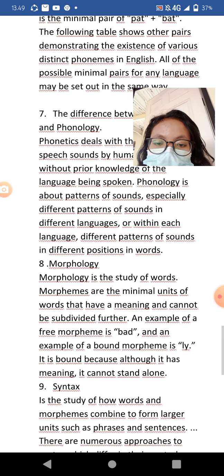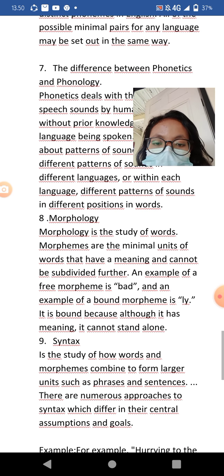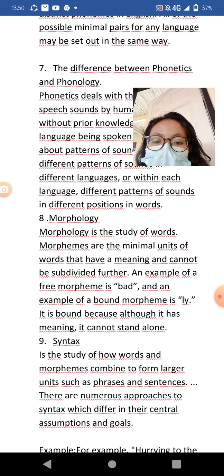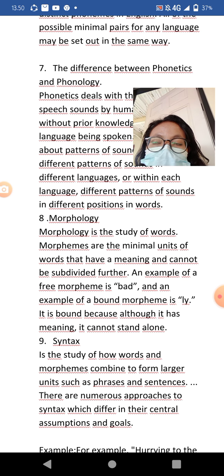Number eight, morphology. Morphology is the study of words. Morphemes are the minimal units of words that have a meaning and cannot be subdivided further. An example of a free morpheme is bed, and an example of a bound morpheme is lick. It is bound because although it has meaning, it cannot stand alone.